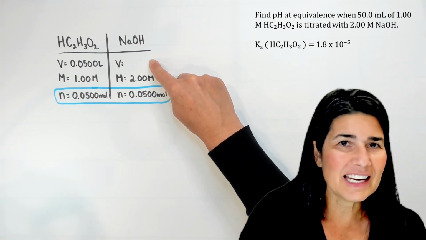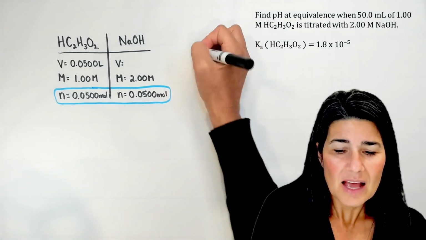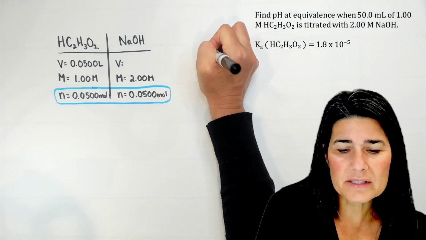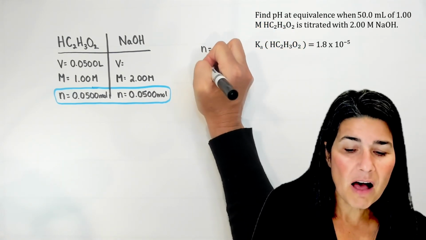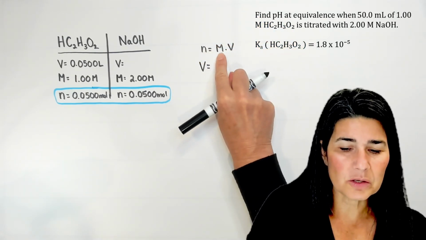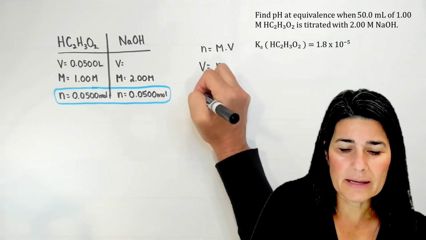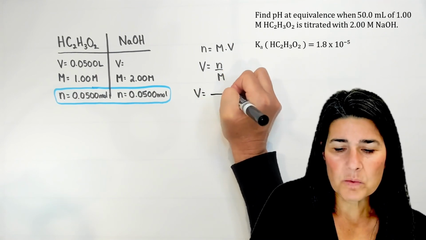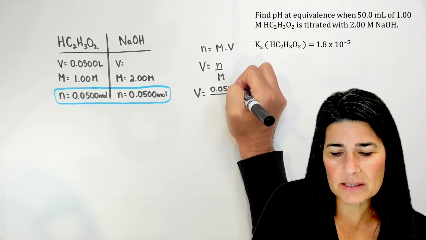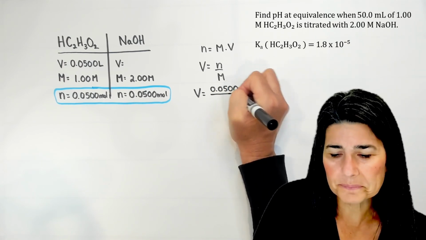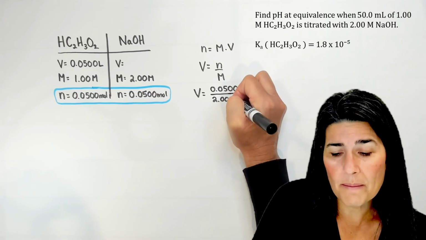I don't technically need that yet, but I know I'm going to need it, so I might as well do that right away. I know that moles equals molarity times volume. So the volume is going to be equal to, divide both sides by molarity, moles over molarity. The volume is equal to my moles, 0.0500 moles over a molarity of 2.00 molar.